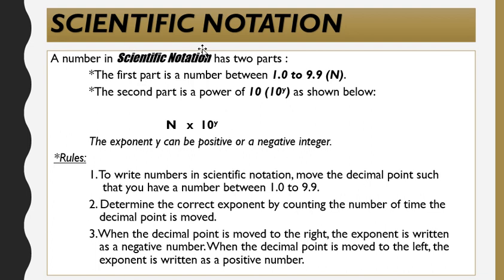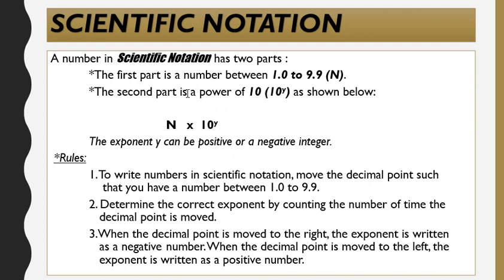So what is the use of scientific notation? Take note that many numbers in measurement are either very large or very small, with a number of zeros that is difficult to handle. So for accuracy, we're going to use scientific notation.